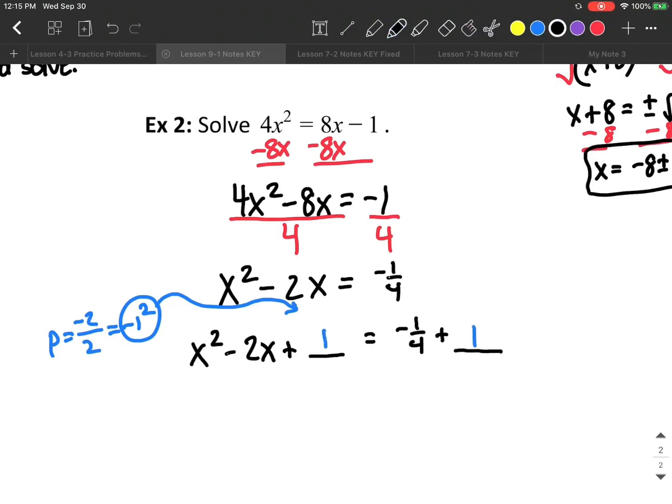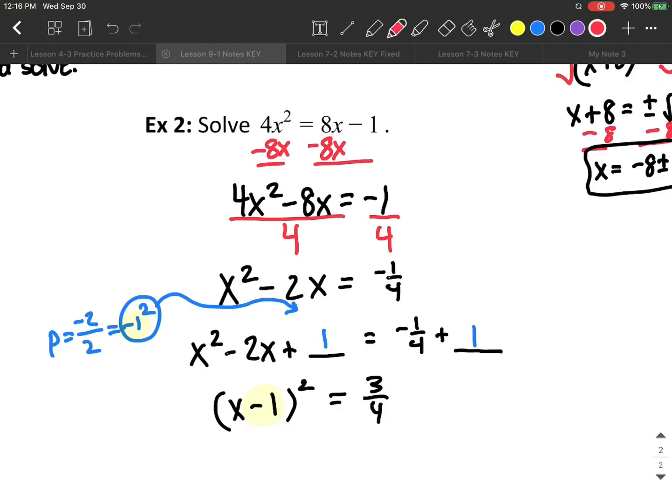Now I can rewrite the left-hand side as x minus 1 squared, because negative 1 is p, so I put negative 1 there. And that gives me negative 1/4 plus 1, which is 3/4.